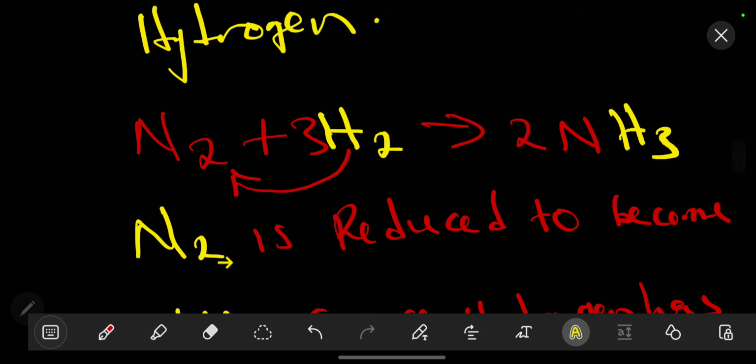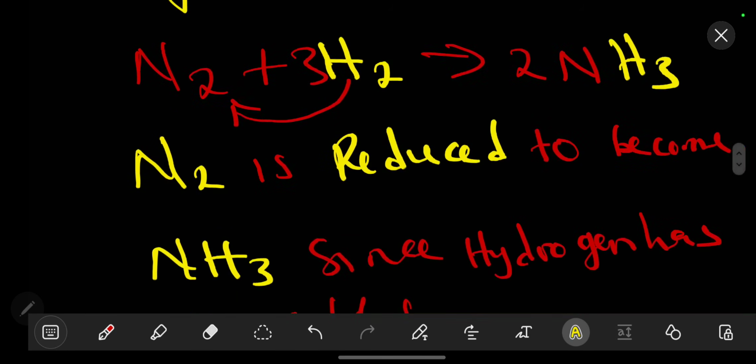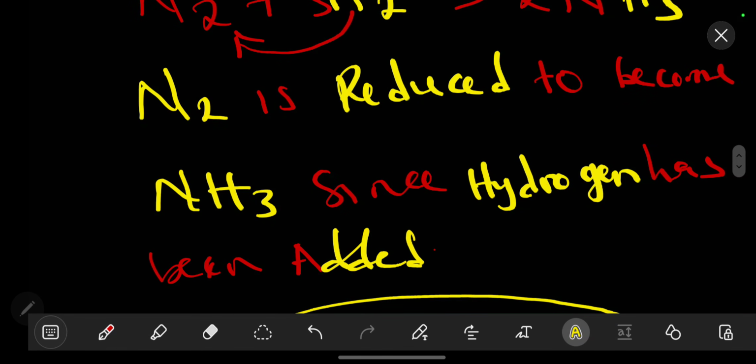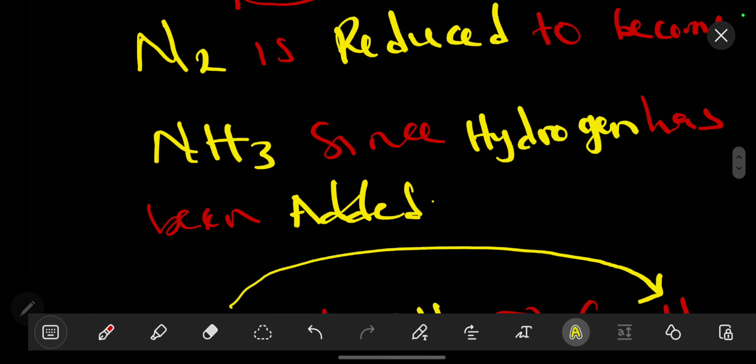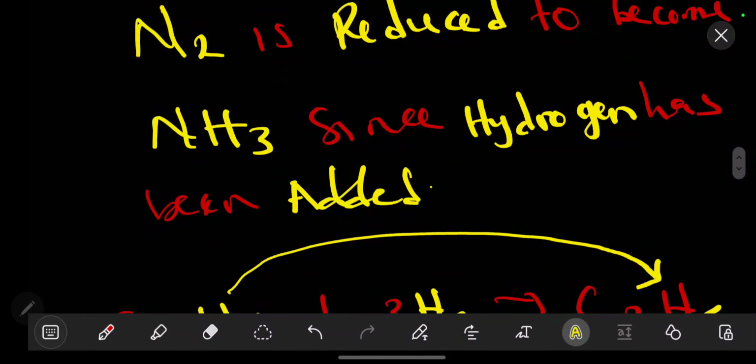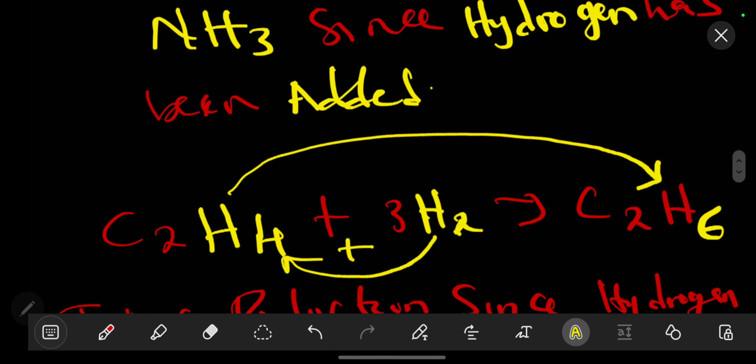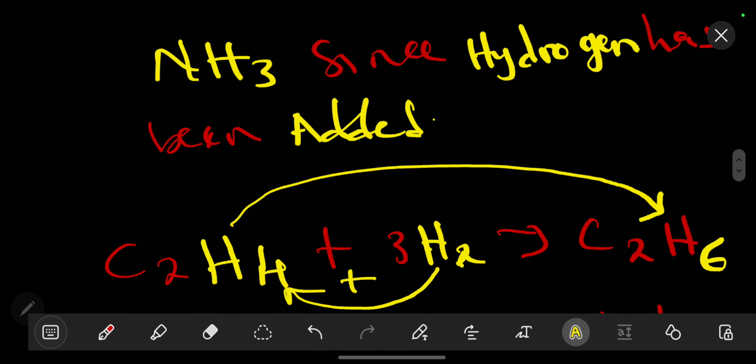We can say nitrogen is reduced to become ammonia since hydrogen has been added. As long as hydrogen is added, then it is reduction.